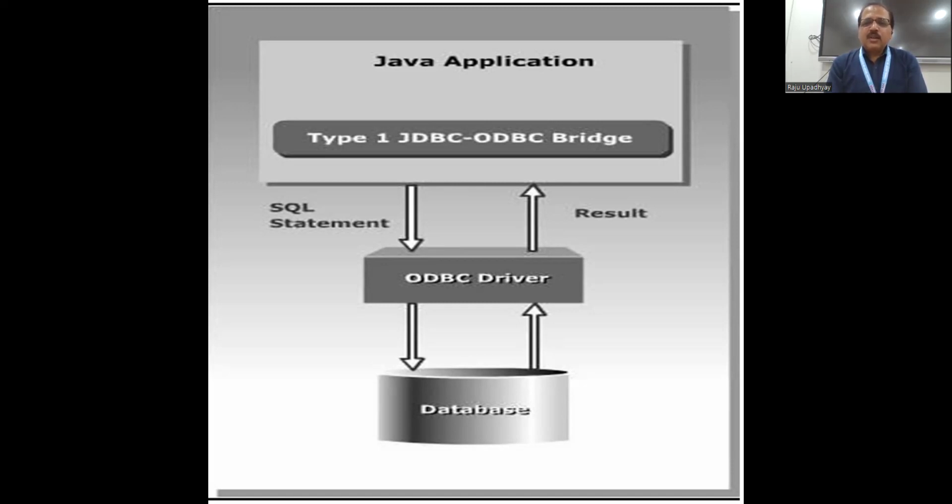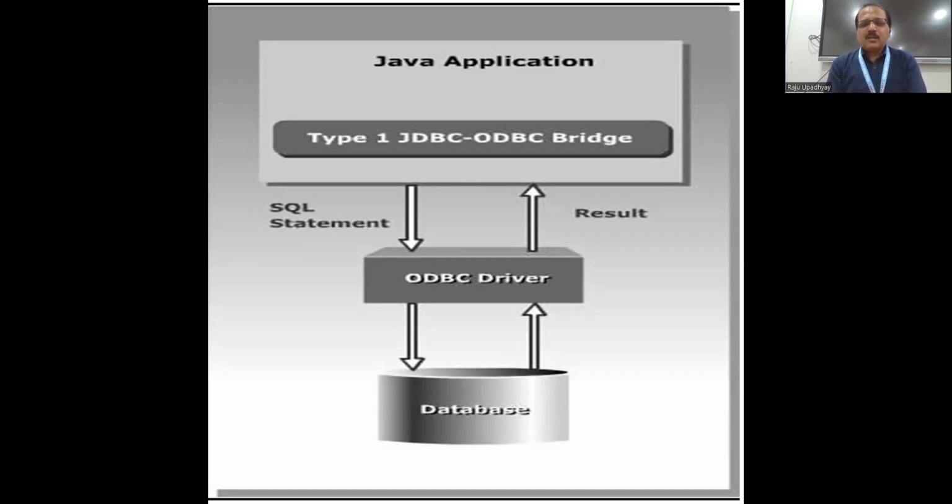So in order to connect your Java application to the ODBC driver, we require one bridge driver called the JDBC ODBC bridge driver. It works as an interface, or a link, between your Java application and the ODBC driver.